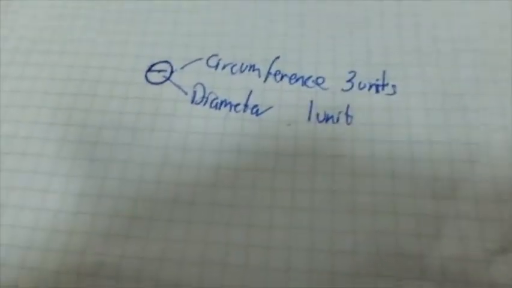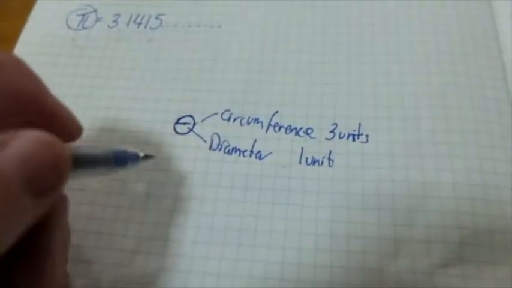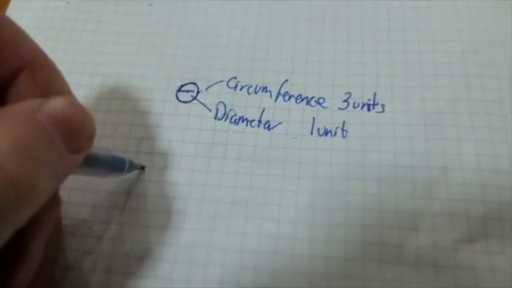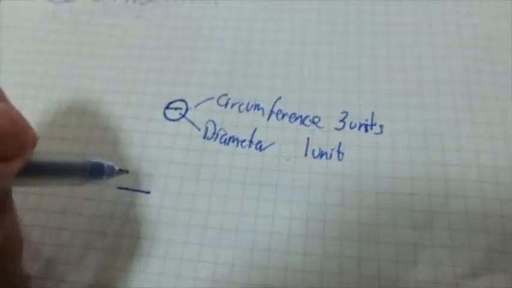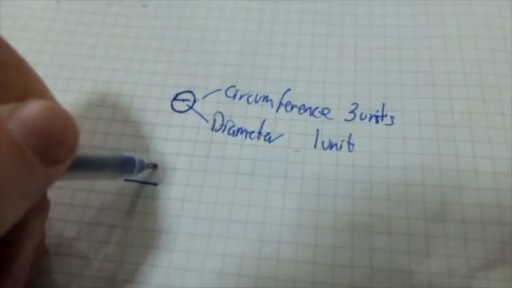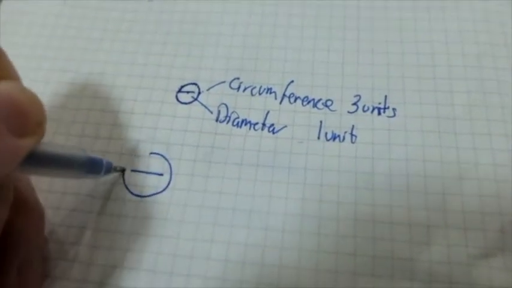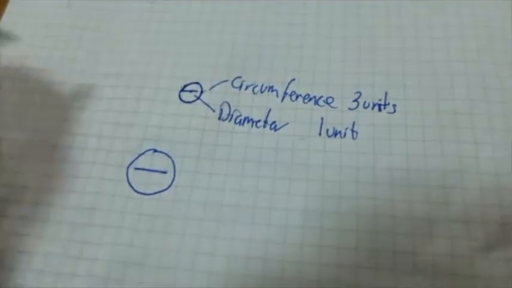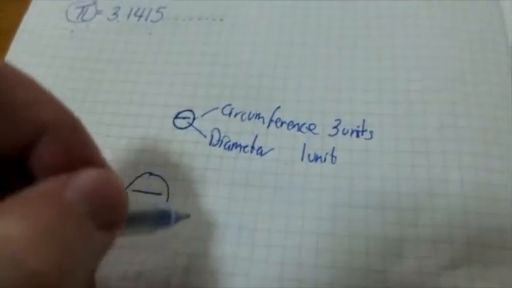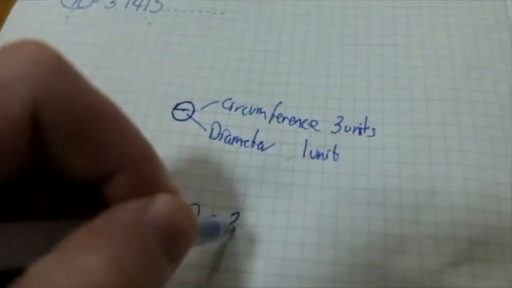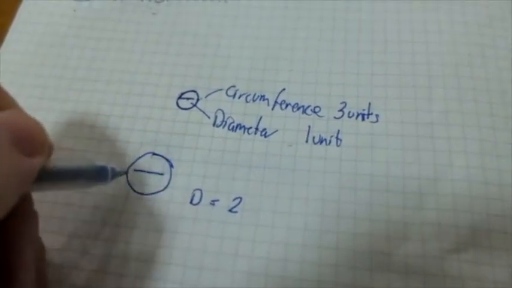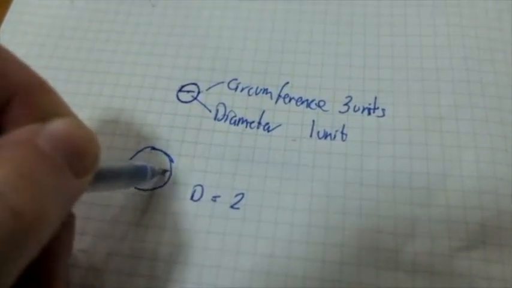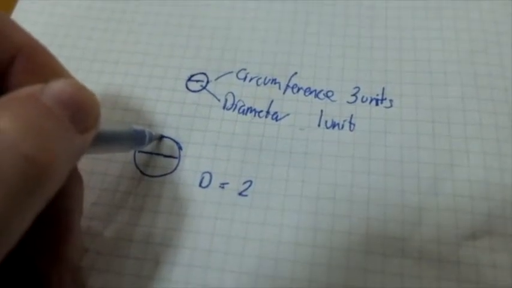We're going to have a look at a slightly bigger circle now, and this circle has a diameter of 2 units. So the diameter equals 2. Let's have a look at the circumference.